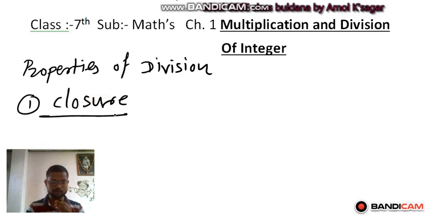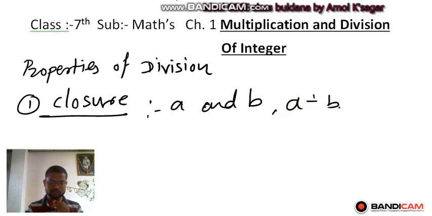Closure property. The closure property in division does not hold good for integers. If a and b are two integers, then a divided by b is not always an integer.